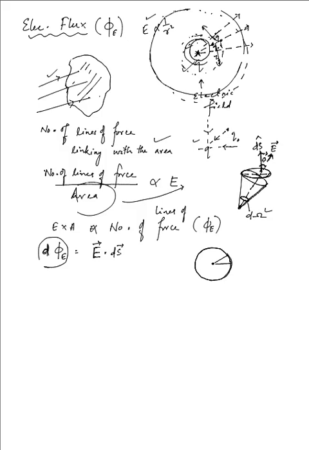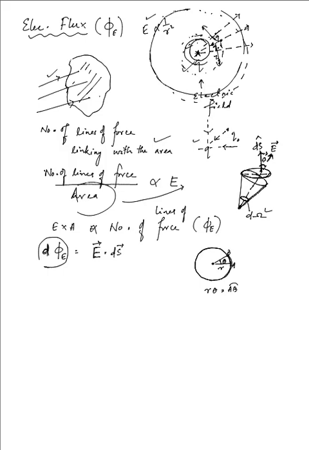And that arc length is simply this AB, an arc length subtended by an angle theta and of radius r. So r multiplied by theta is equal to the arc AB.